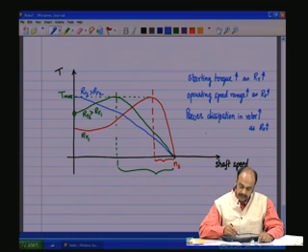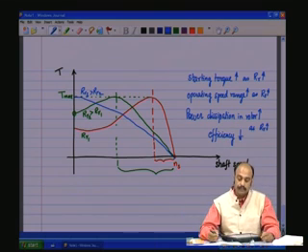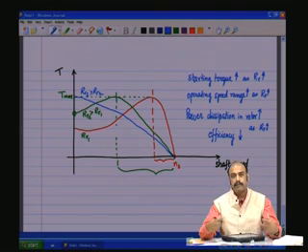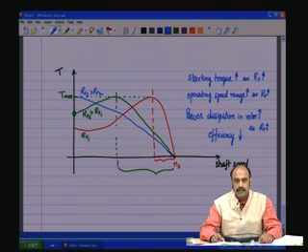and as a consequence efficiency decreases. So therefore it is not advisable to permanently increase the rotor conductor resistance, because the efficiency will come down drastically.